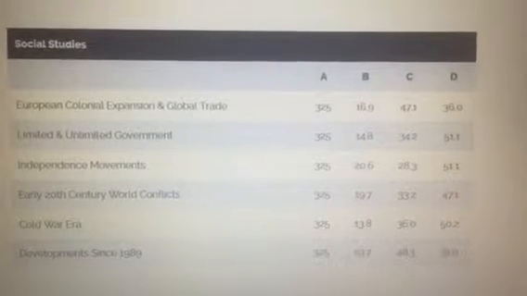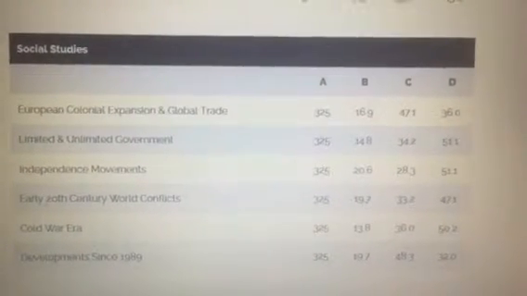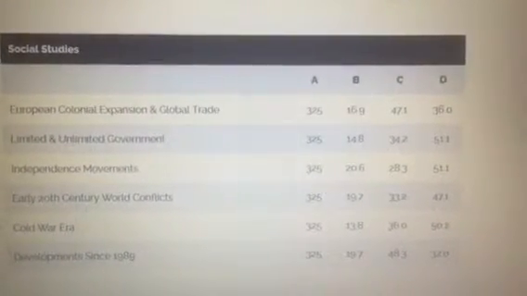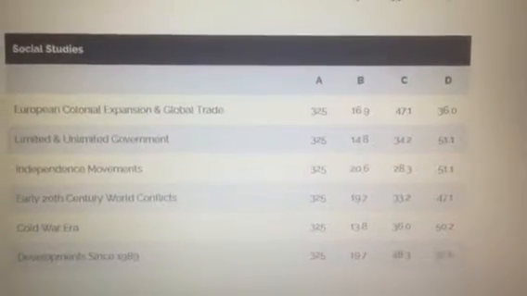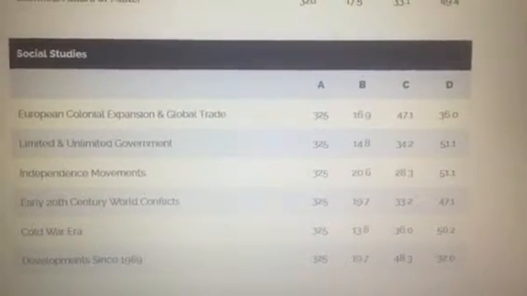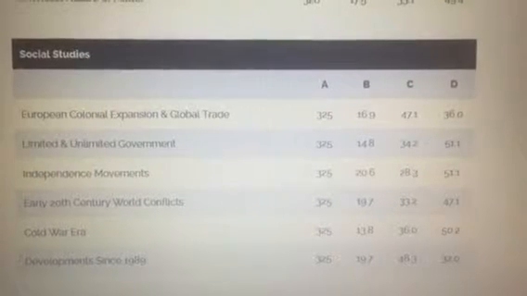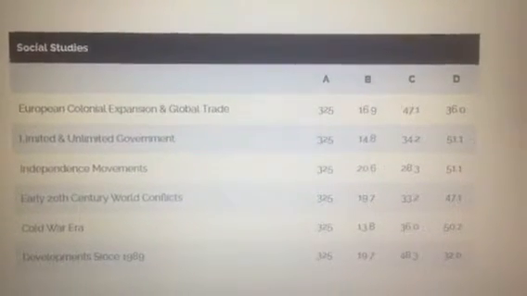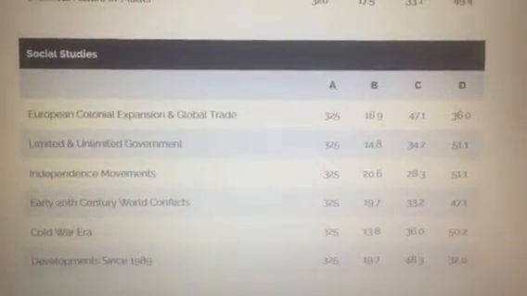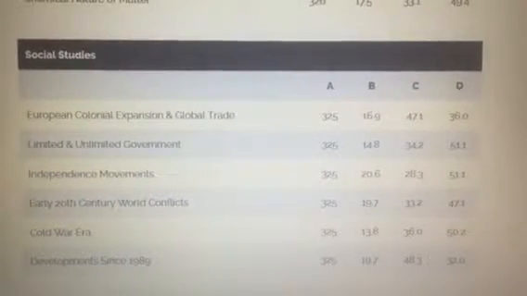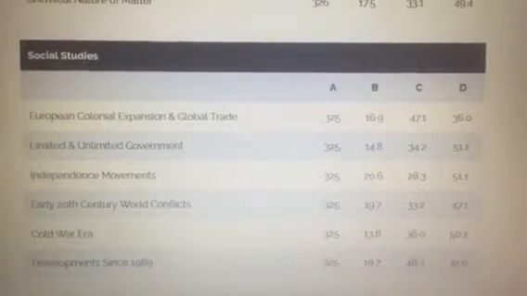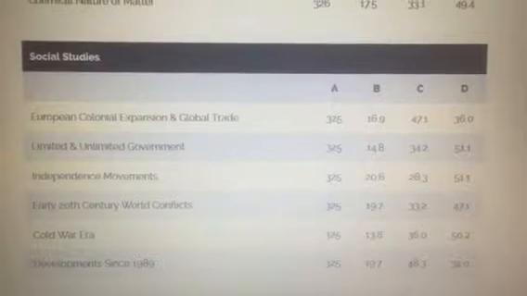We have about 51% of students showing strengths in limited and unlimited government, about the same number with independence movements, and 47.1% of our students with early 20th century world conflicts.